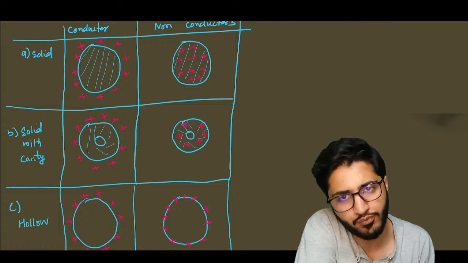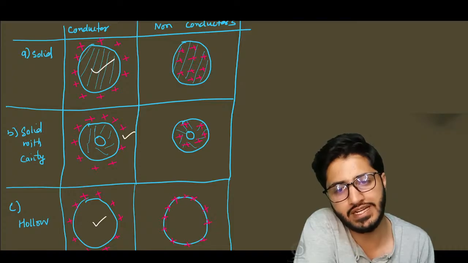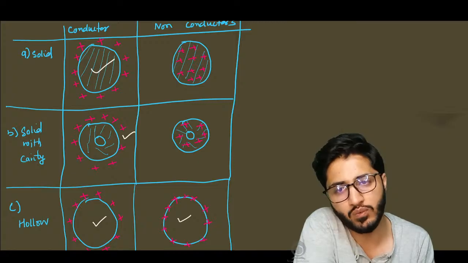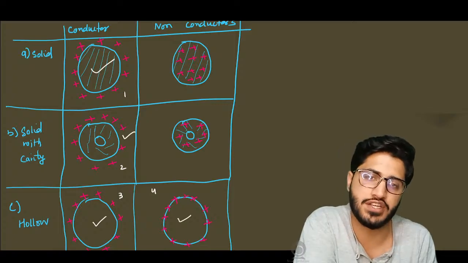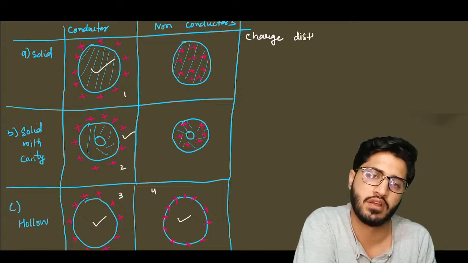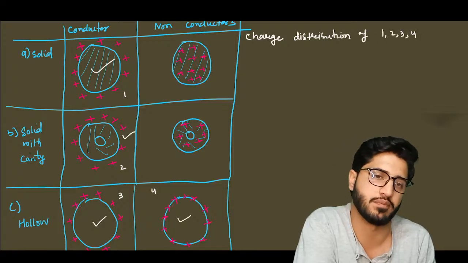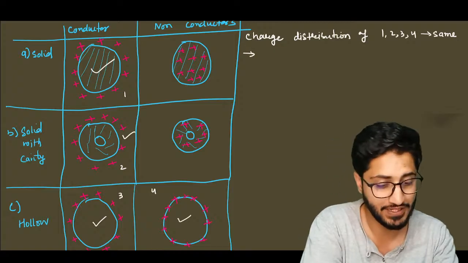So from this particular property, now we can conclude, look beta, the charge distribution of this one, I can write 1, 2, 3, 4. If the charge distribution of 1, 2, 3, 4 is the same, they will have the same property.